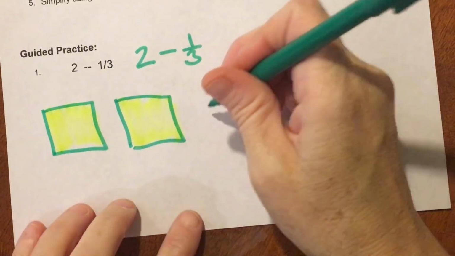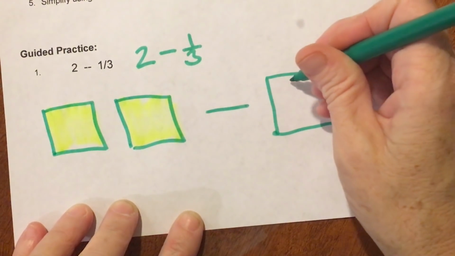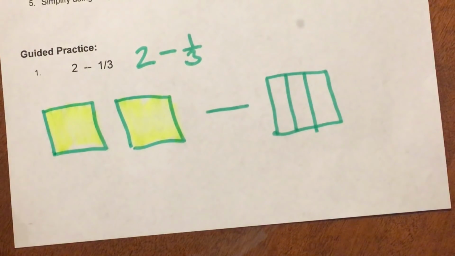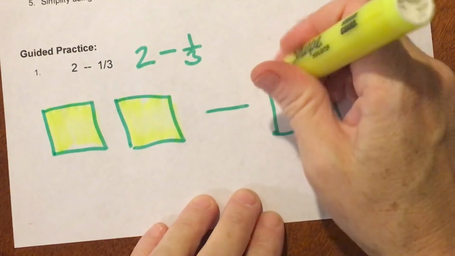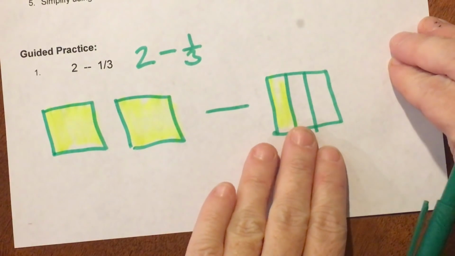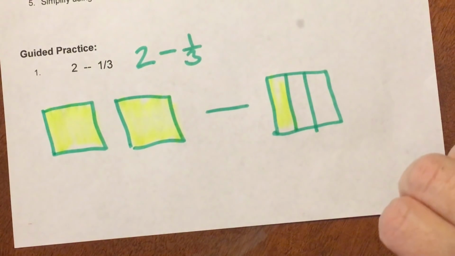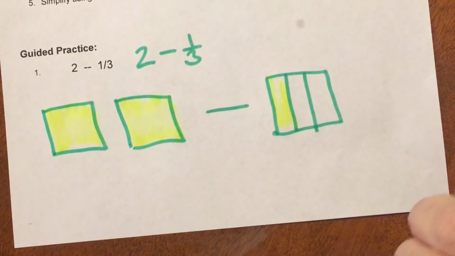And I'm going to take away 1/3. So they cut it into 3 pieces and I only have 1 of them. Okay, my next step says I'm gonna make them match, but there's really nothing here to make match because I have wholes and I have fractions. When I make things match, I'm making my fractions match. Okay, so I can kind of skip that.